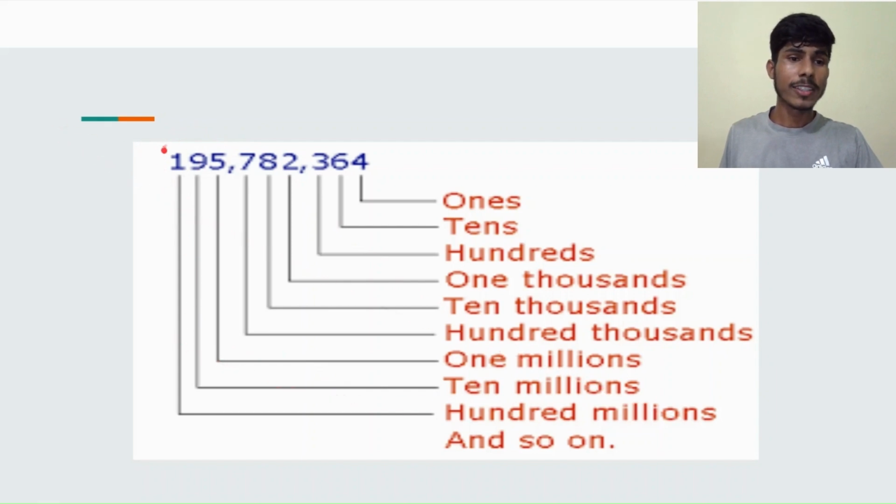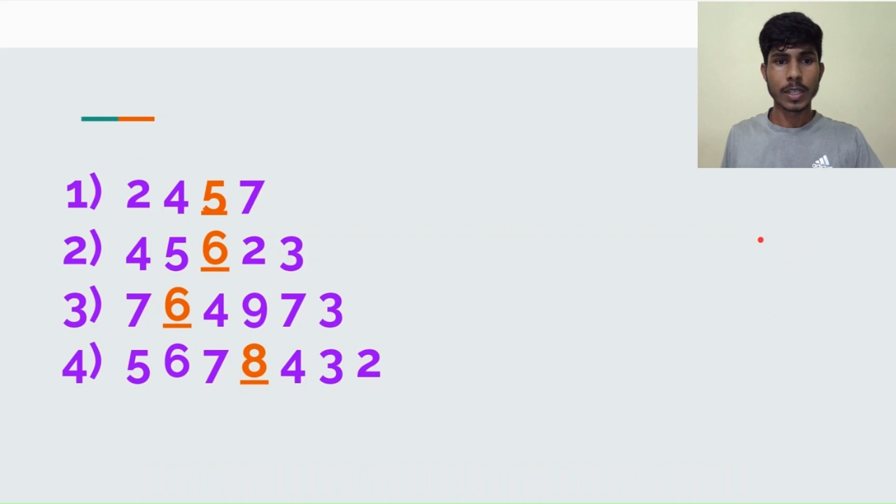And if you have further digits, it keeps on moving, right? Start from the rightmost digit and keep on moving towards left: ones, tens, hundreds, thousand, 10,000, 100,000, 1 million, 10 million, 100 million, and so on. Okay, this is what place value is, right?